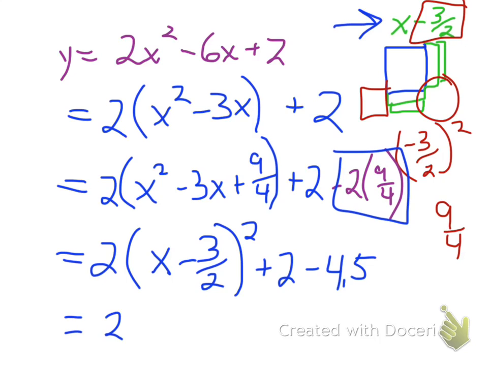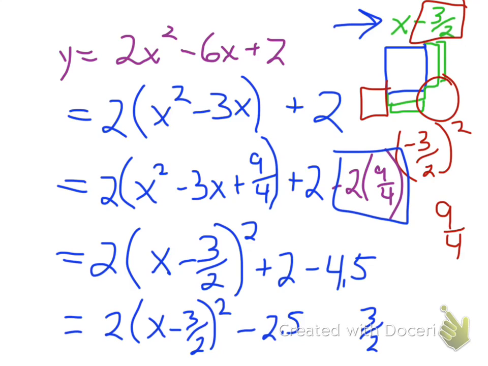So now I have 2 times x minus 3 over 2 squared minus 2.5. My vertex then is at a positive 3 over 2, which is 1.5, and my y value is negative 2.5. There's my vertex. My stretch factor again is 2, and I can graph that parabola.